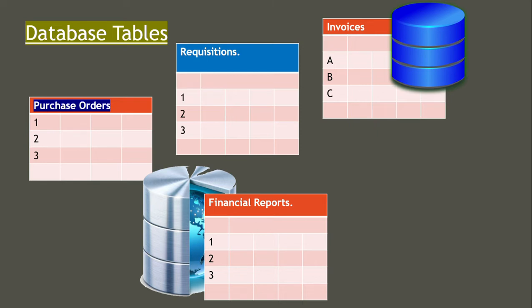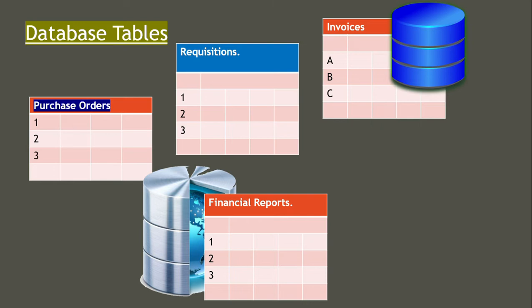Then the next slide, we are supposed to look at something we call database tables. A database consists of tables, and we usually use tables, which consist of rows and columns, to store data.